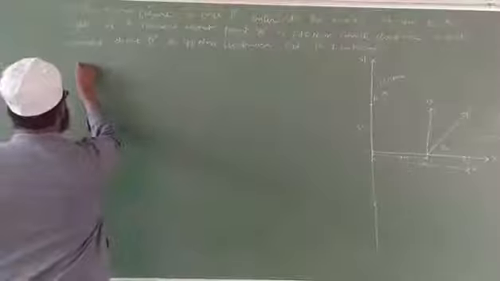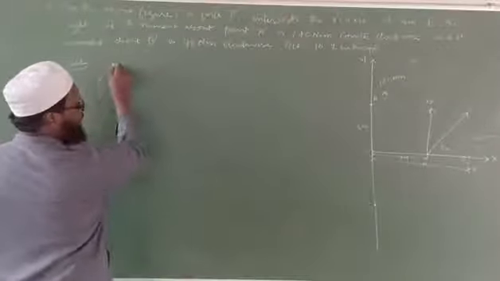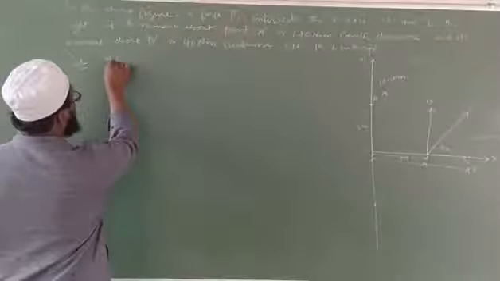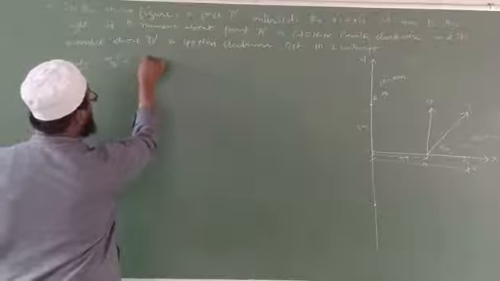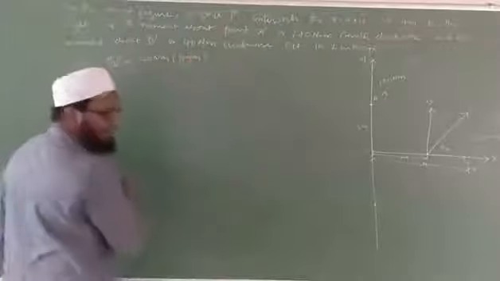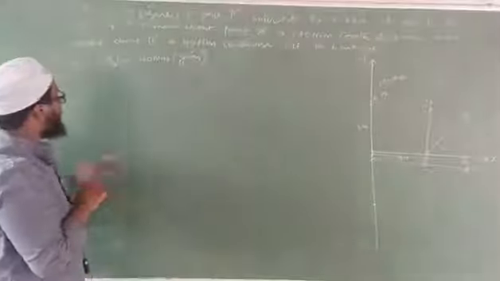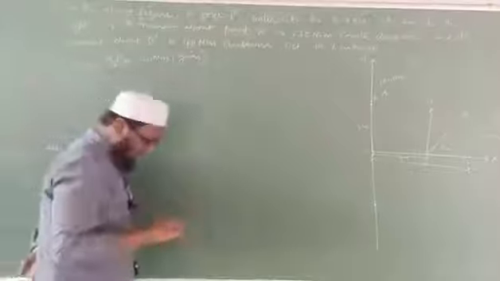So the solution: moment of P about point B is how much? 40 Newton meter, which is already given in the question.